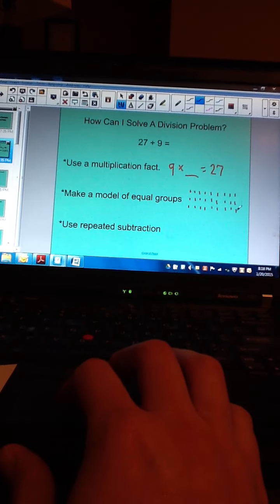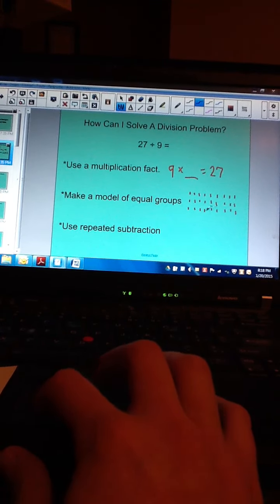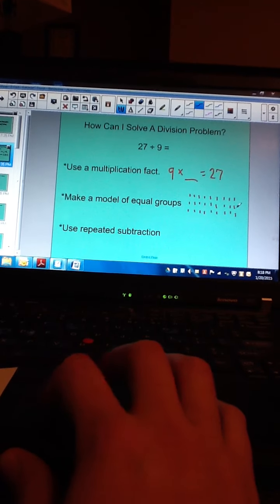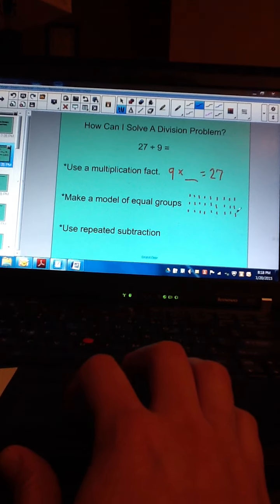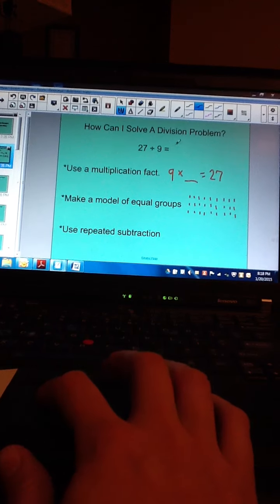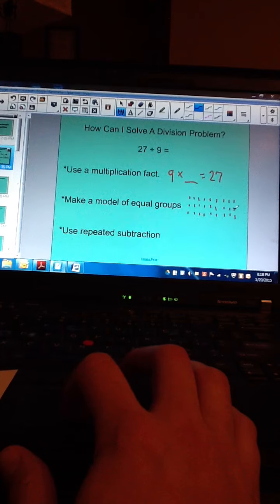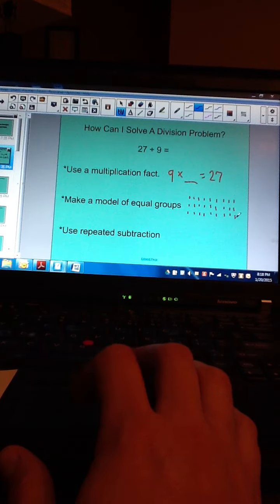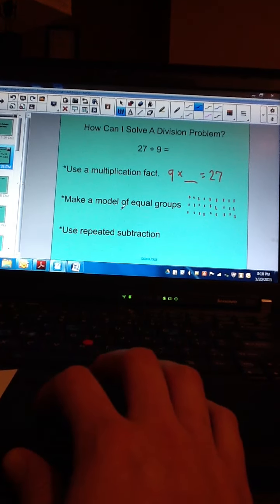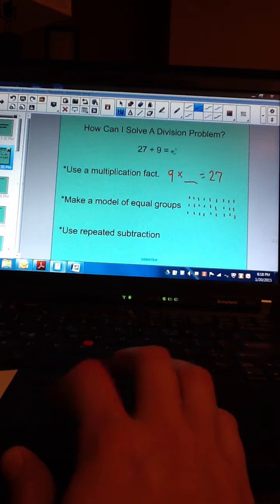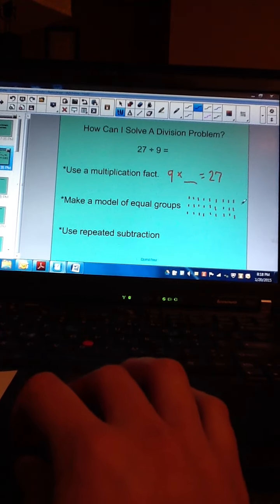And I would go back and make sure that I had 9 in each row. And I do. Then I could figure out how many rows of 9 I have, and that would give me my answer. If you notice, I have 1, 2, 3 rows of 9. So I would know that my answer to 27 divided by 9 was 3.